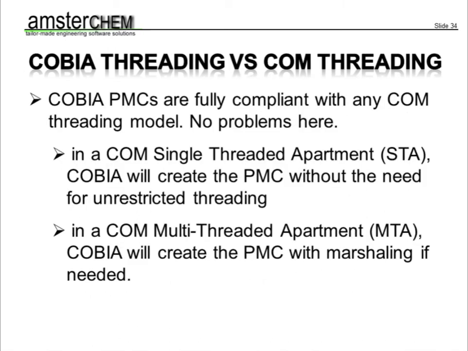Of course, we also have to deal with COM. So for the creation of COBIA objects from a COM PME, COBIA knows what to do. There are no issues here, because in a single threaded apartment, the COBIA PMC will be created as if unrestricted threading is not needed. Otherwise, it will be created for unrestricted threading, leading to in-process marshalling in the case the PMC requires restricted threading.